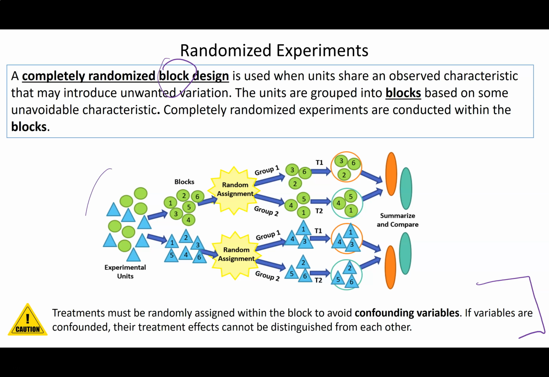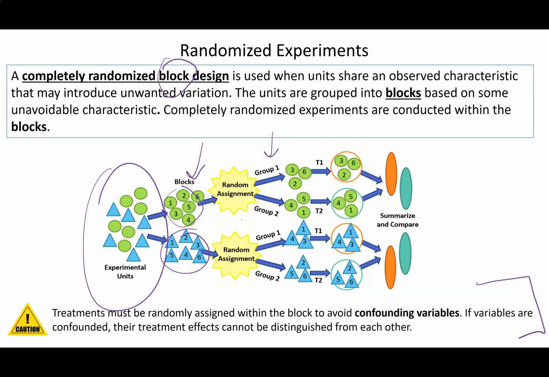So looking here, I have an example where I have circles and triangles, right? So there are these 2 different groups, and I need to make sure that I give each of these 2 groups both treatments. So the first step, I'm going to break them into blocks. So here's the circles, and here are the triangles.